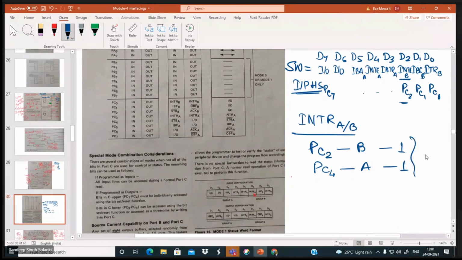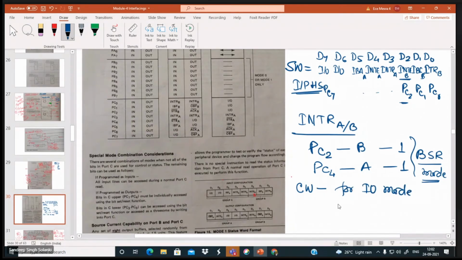How can you do that? You should use BSR mode. Have you got it? So what is to be done? First of all, you have to create a control word for IO mode.